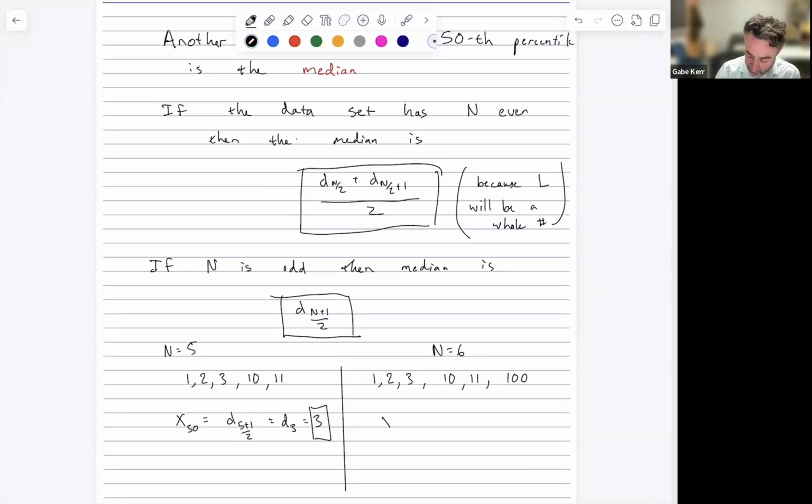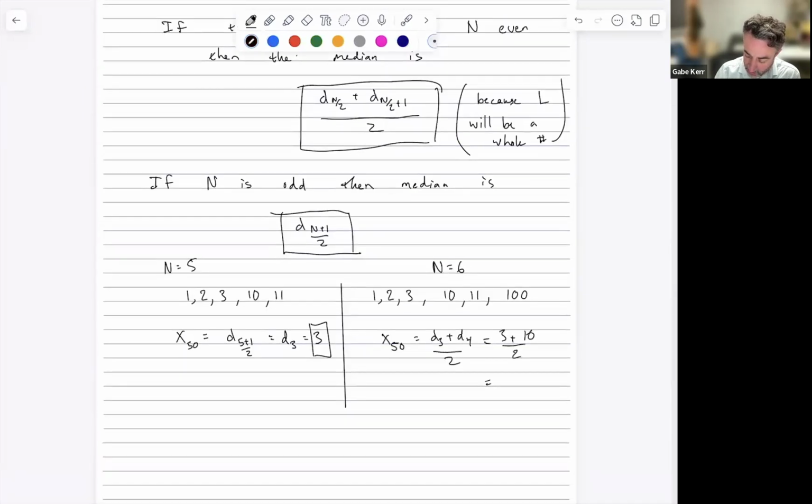So here, x sub 50 is going to equal d sub 3 plus d sub 4 over 2, being 3 plus 10 over 2, and this is going to equal 13 halves or 6.5.